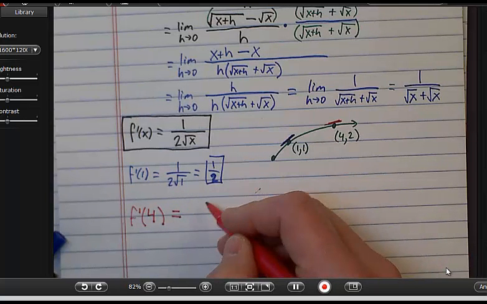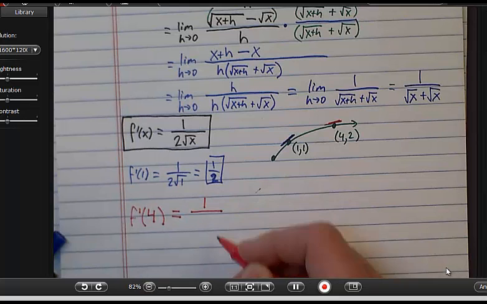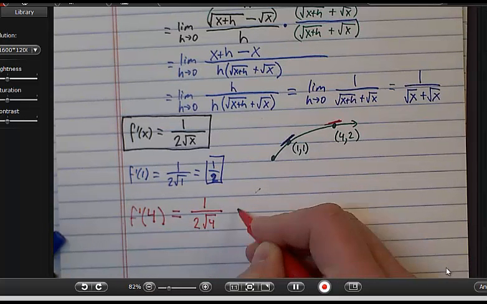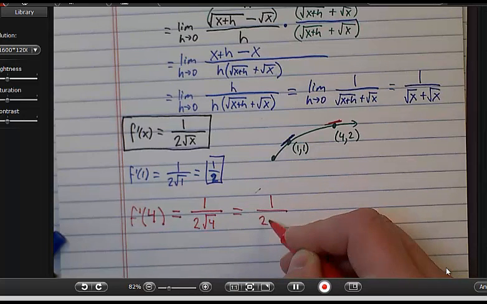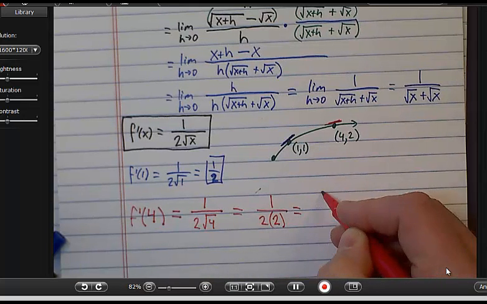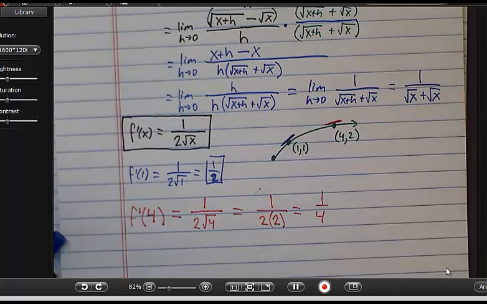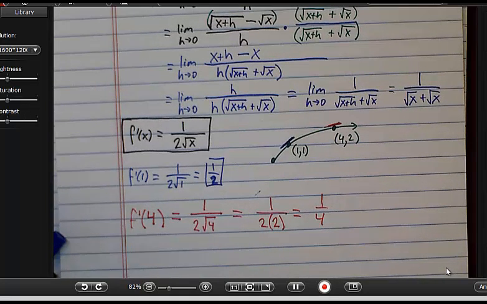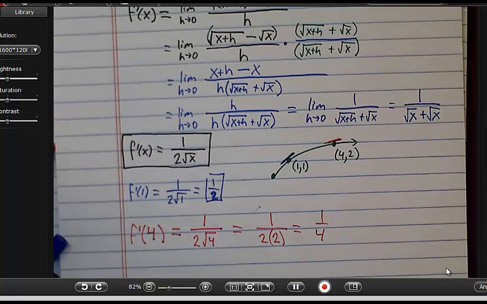We do 1 over what? 2 square root of 4. That equals 1 over 2 times 2. So that is a slope of 1/4. And that actually looks right. It's not as steep as the other one was, 1/2. Guys follow? So that'll save a lot of time.